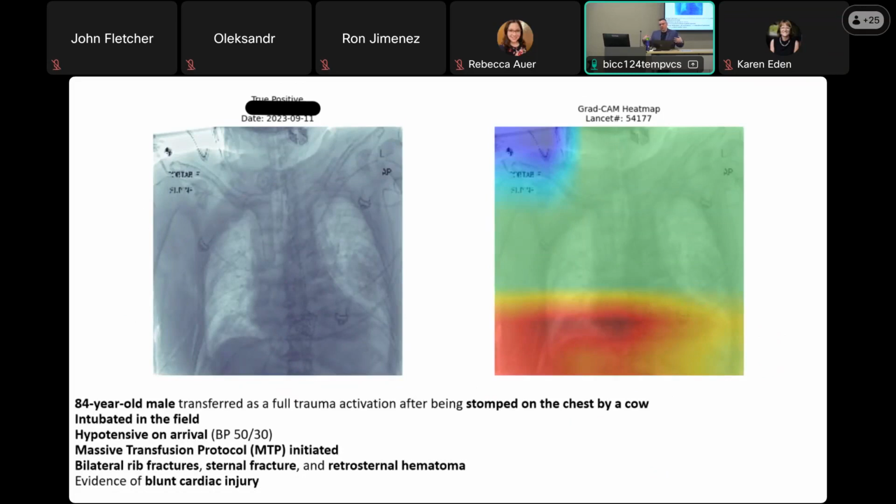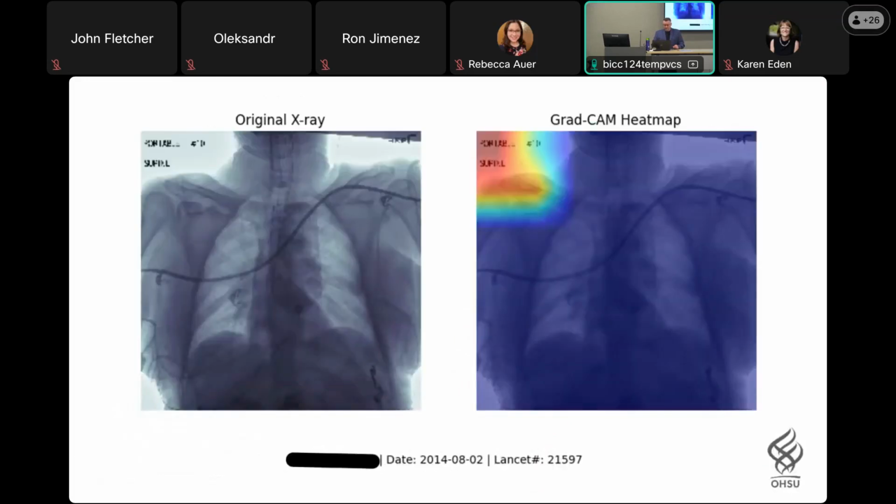He had multiple bilateral hip fractures, sternum fracture, and blunt cardiac injury, and also retrosternal hematoma. So the injuries were intense and extensive. And as you can see, everything is activated, but most of the injury, the machine recognizes, is on the lower third of the sternum and on the right side of the chest. So that's a true positive case.